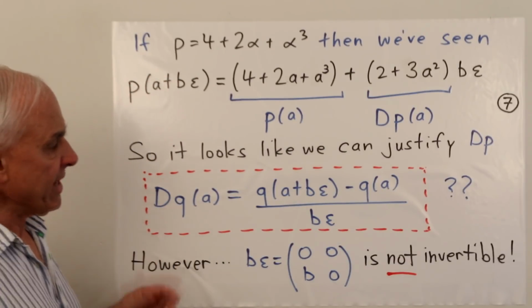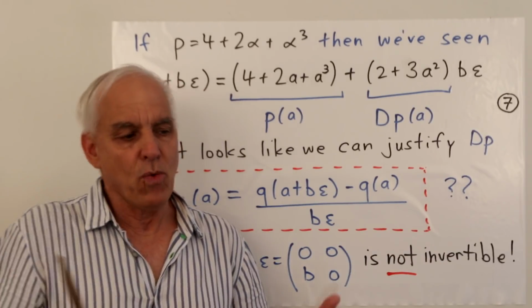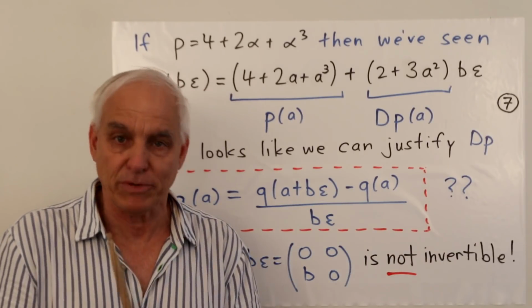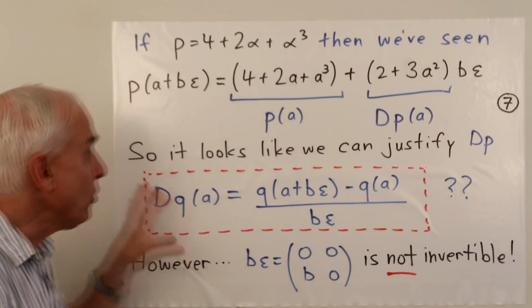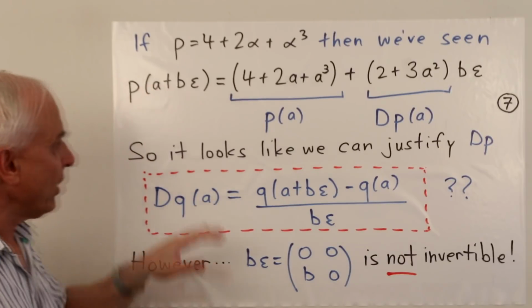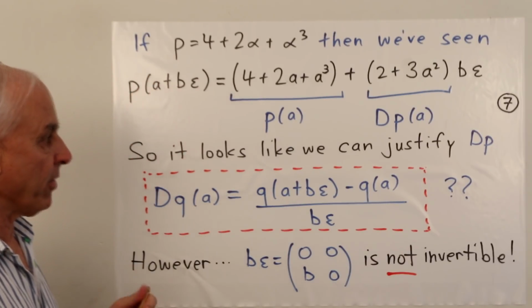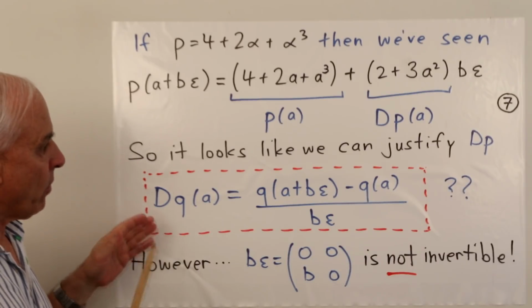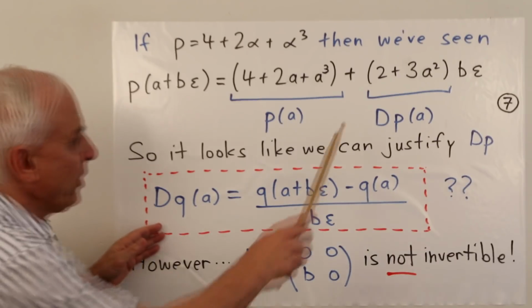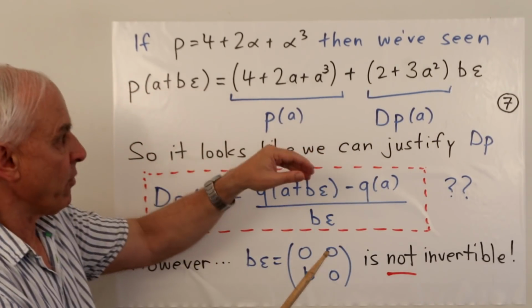So it looks now that we can connect the Faulhaber derivative with the more usual interpretation of the derivative using this infinitesimal algebra. If we replace this particular p with a general polynumber q, it looks like what we're getting is that if we're interested in the derivative, we could solve this kind of equation for the derivative.